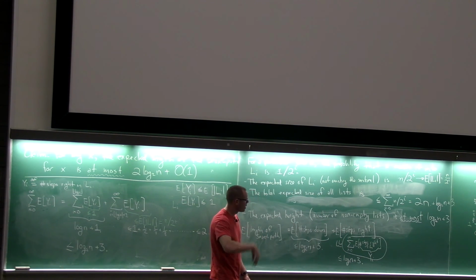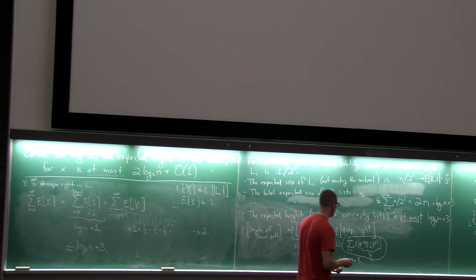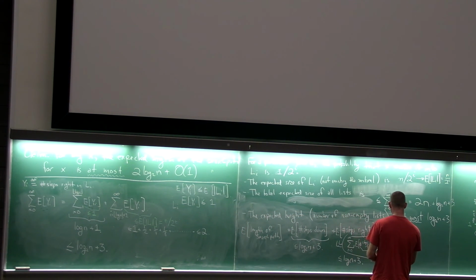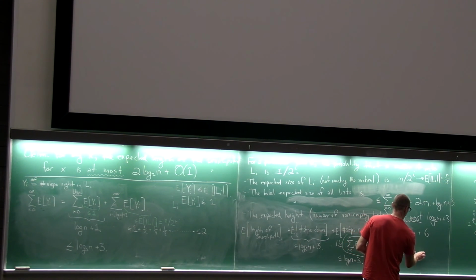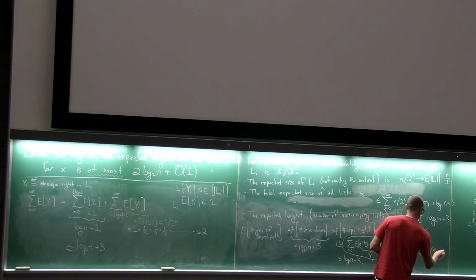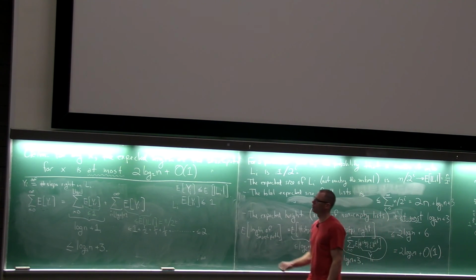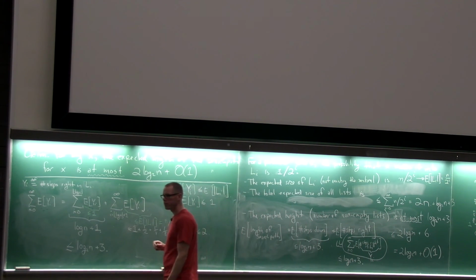Add to that the number of steps that we take down. And we get 2 log n plus 6, which indeed is 2 log n plus a constant. That's the constant.